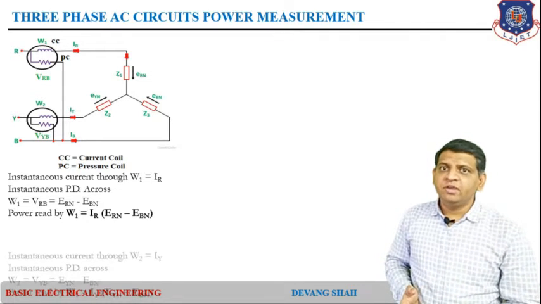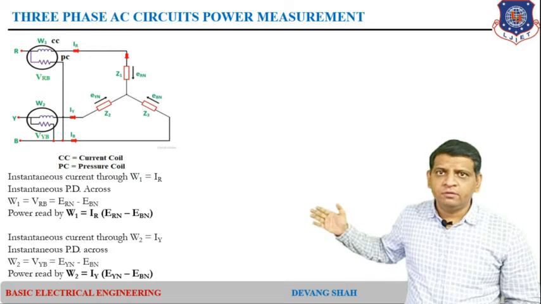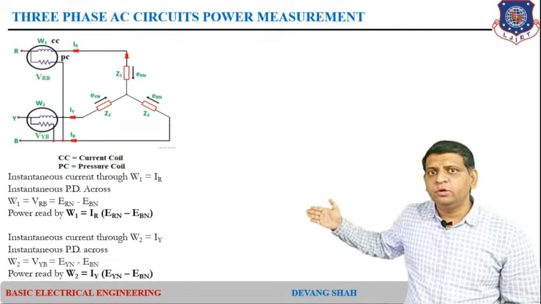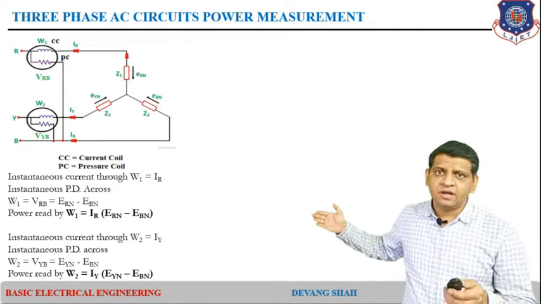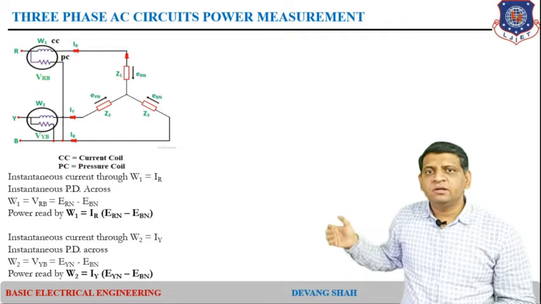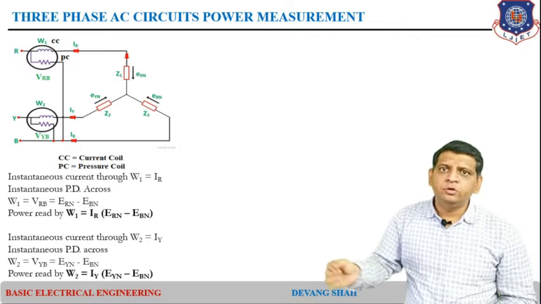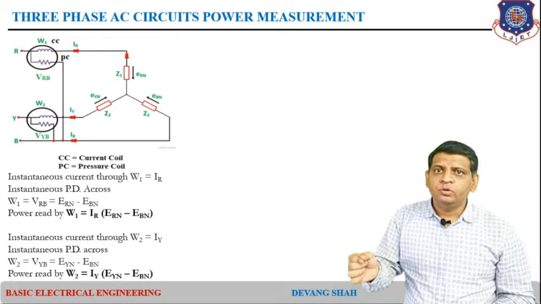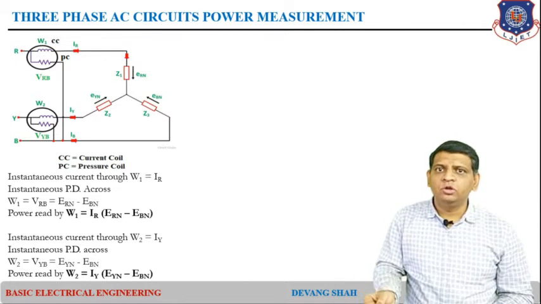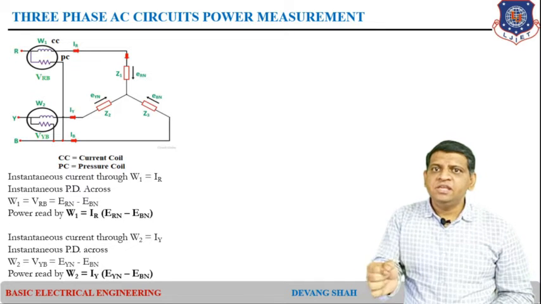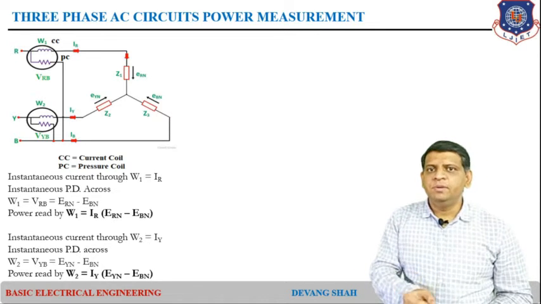The same way for the wattmeter reading W2, the current passing through is IY and the voltage drop is VYB. So, the final equation you will find is W2 equal to IY into VYB, and that is equal to IY in bracket EYN minus EBN.